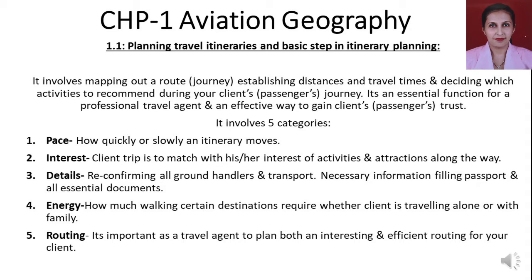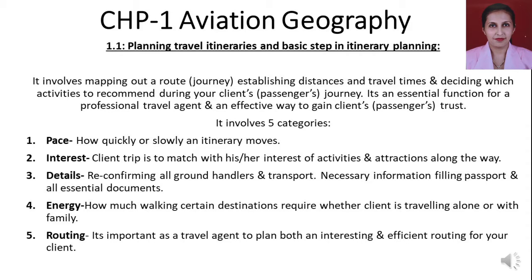So when we do a travel booking or a travel itinerary for a passenger or a customer, we have to keep all these 5 elements in mind and do the booking accordingly as per the convenience of the passenger.